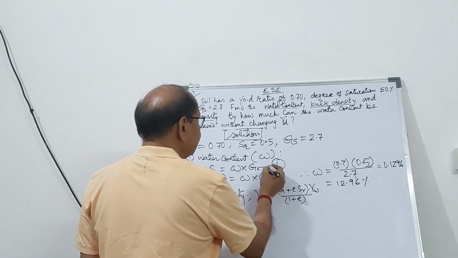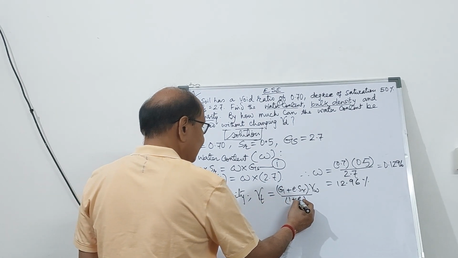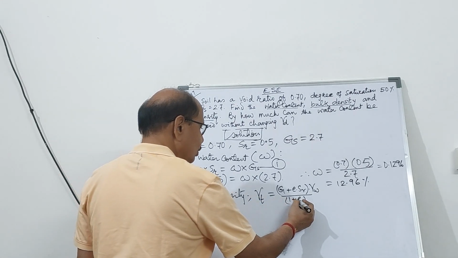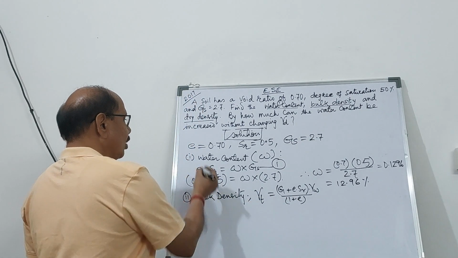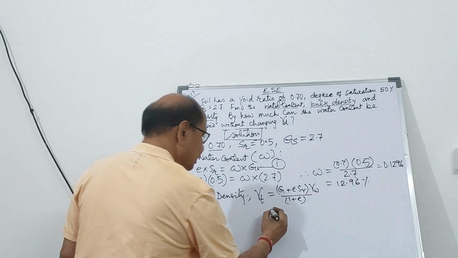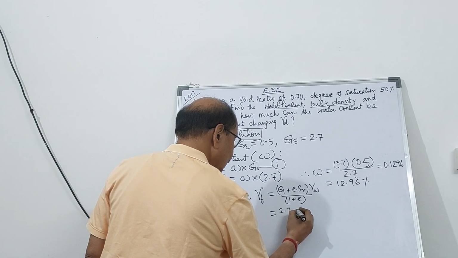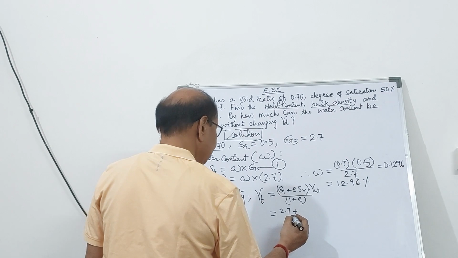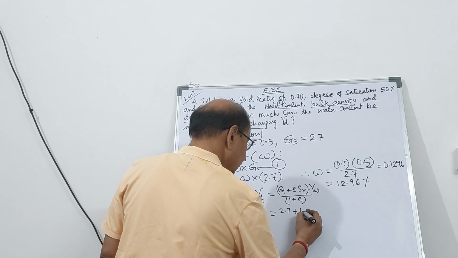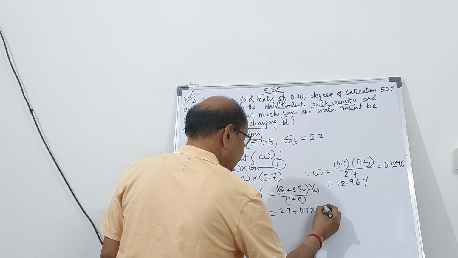So on substitution of all these things, the void ratio is already given. So let's substitute. G is 2.7, E is 0.7, and degree of saturation is 50%, that is 0.5.